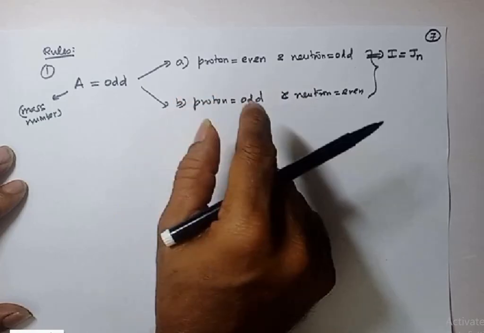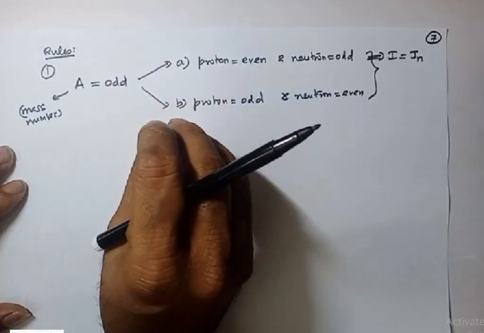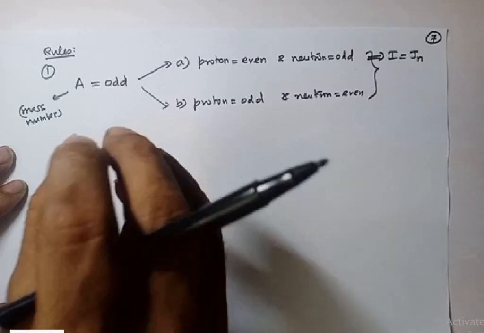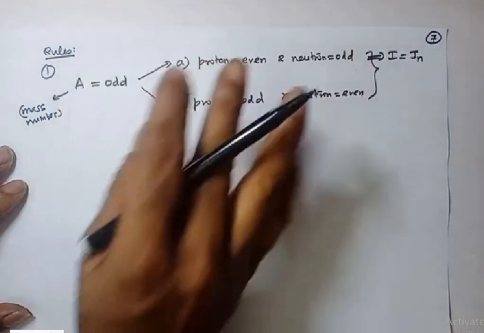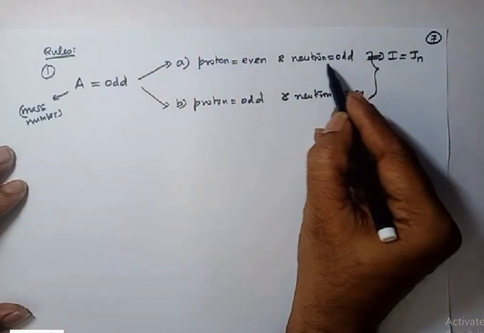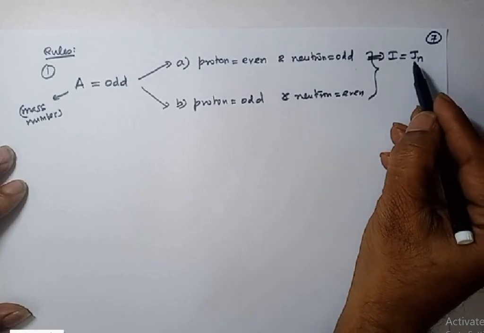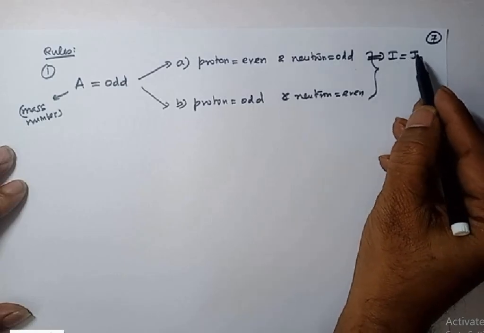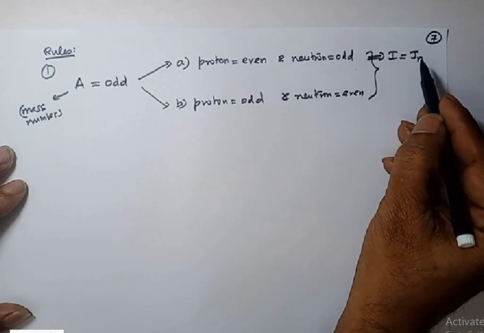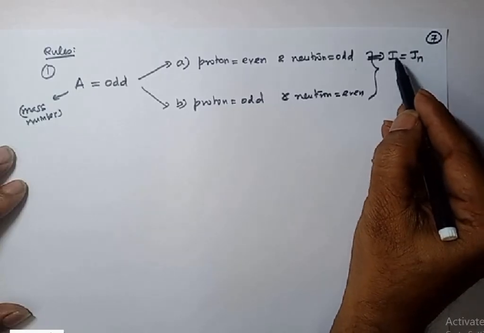So, if I have an even number of protons, protons do not contribute to the spin. Only the odd one we should take. So, in neutron, we have an odd number. Therefore, we should find the total angular momentum of the neutron, and that gives you the value of spin quantum number I.